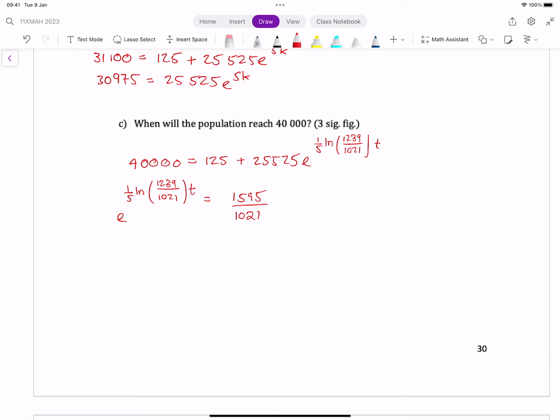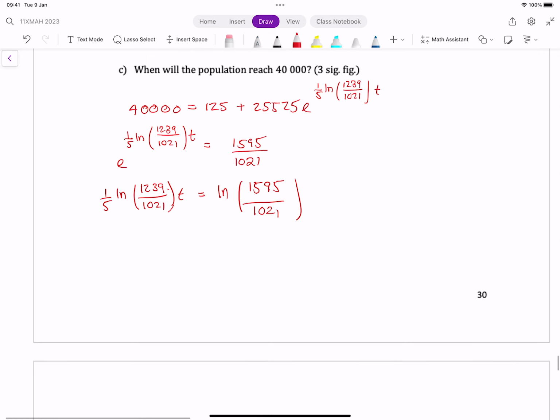Taking the ln of both sides, we get (1/5)ln(1239/1021)t is equal to ln of 1595 on 1021. Dividing the ln to the other side, we get t is equal to this massive expression: ln(1595/1021) over (1/5)ln(1239/1021).